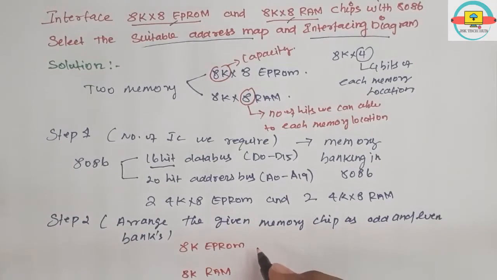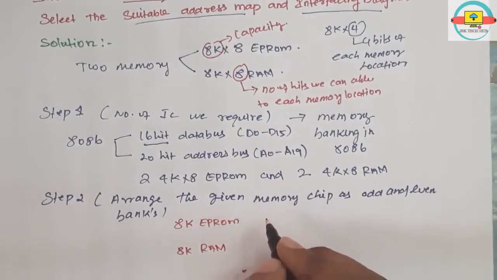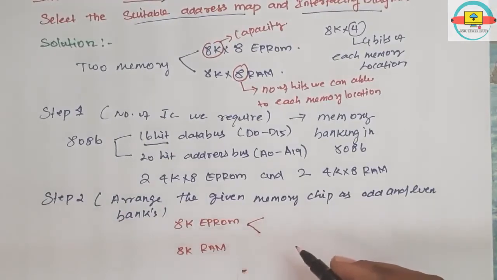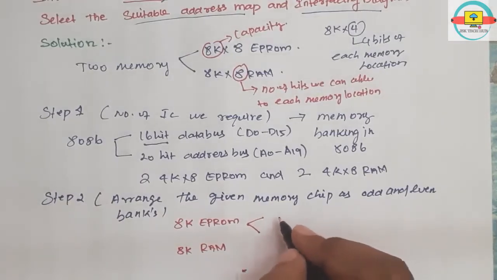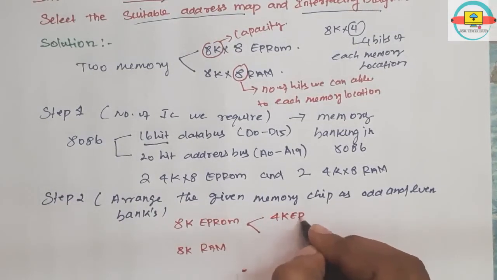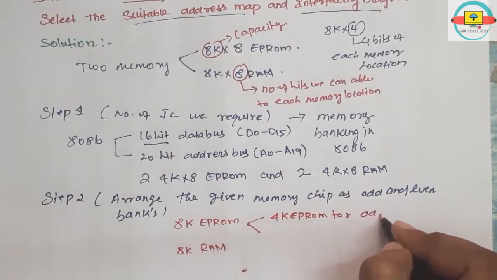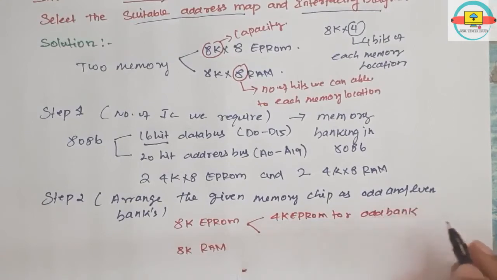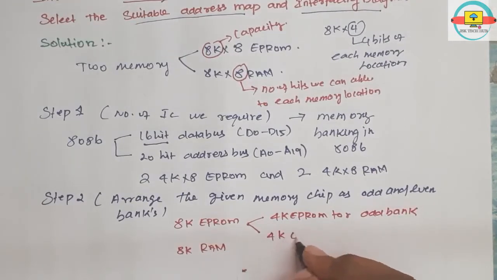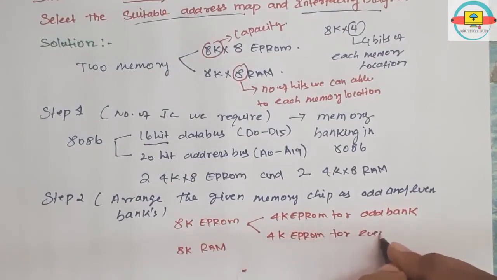This 8K memory is divided into an odd memory bank and an even memory bank to simultaneously access the 16-bit data from microprocessor to memory. So 4K EEPROM memory for the odd bank and another 4K EEPROM memory for the even bank.